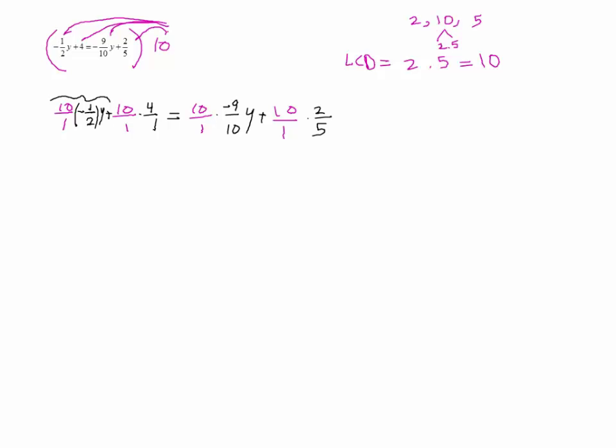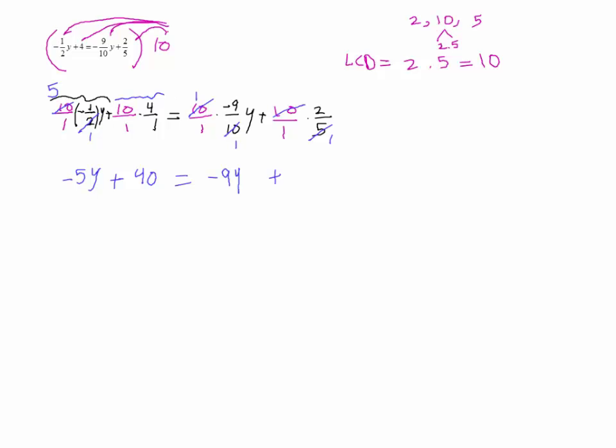Okay, what does the first term become? Good. So we get to reduce this. It becomes 1. This becomes 5. We have a minus here, so it would be negative 5y. The second term would become what? 40. Now here we reduce the 10. The next term becomes negative 9y plus this would become 1.